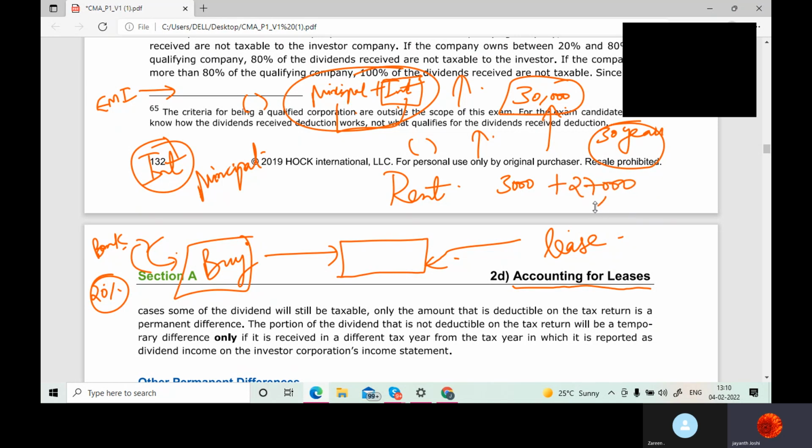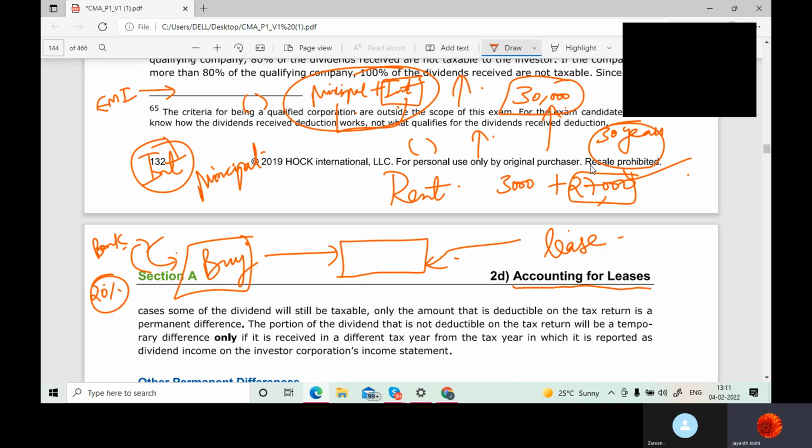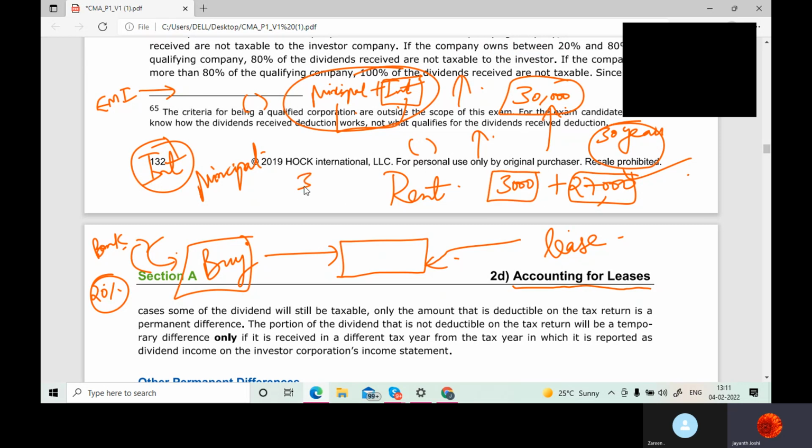Yes, Zirin, are you understanding, following? Yes, sir. So now the bank knows that this 27,000 is of no use for the customer, because the customer is losing this entire money, as the bank is charging interest on whatever money the bank has given. The customer's reduction of principal will be by 3,000. Suppose the loan amount is 30 lakhs.